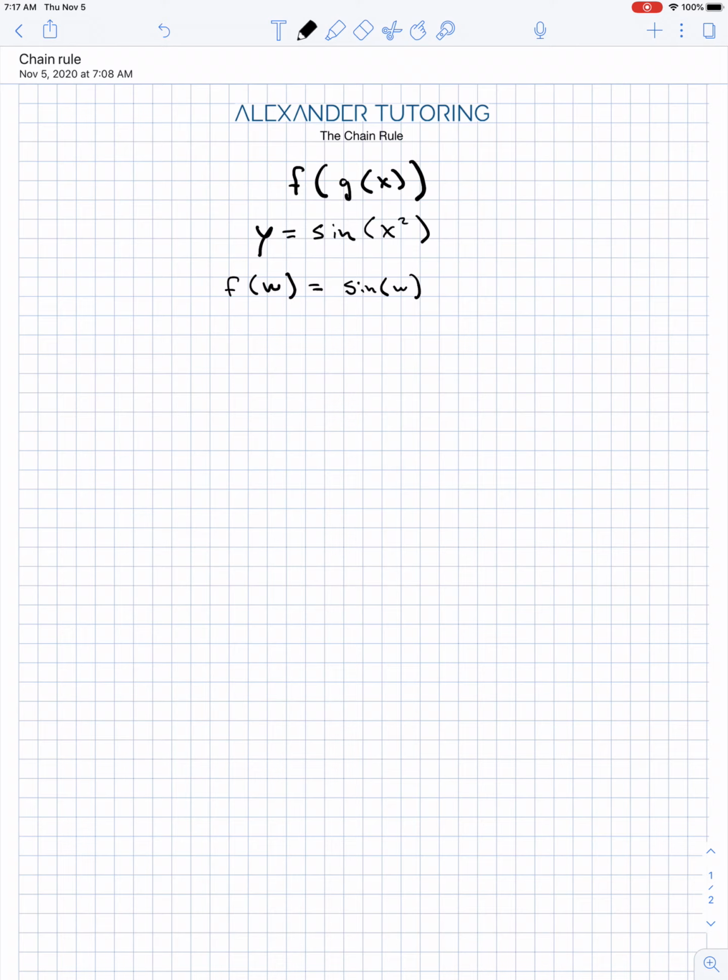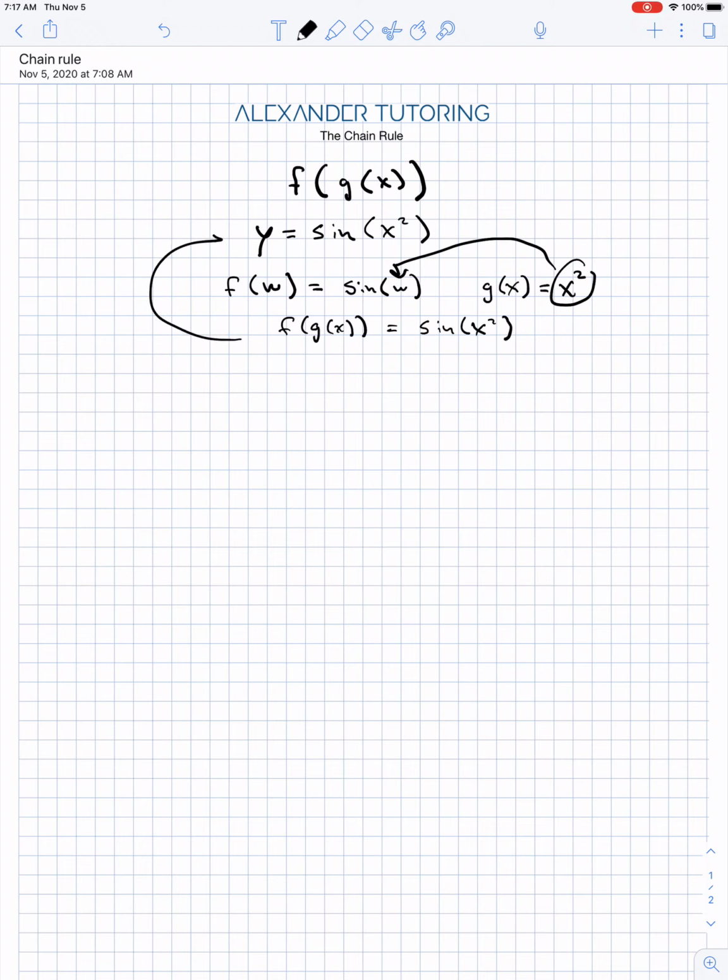And then the inside function, or the function that's been plugged into the other function, g of x, is x squared in this case. And you can see that when we get f of g of x, that's plugging g of x into f. That is, we take this guy and plug it in right here. We get sine of x squared, which is our starting point.